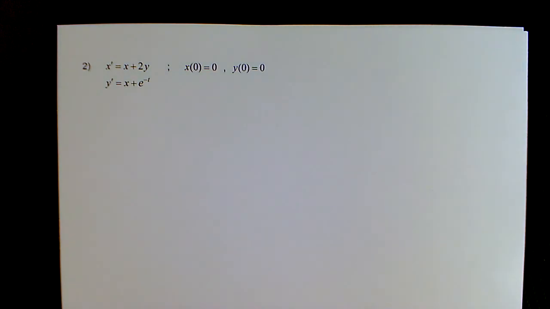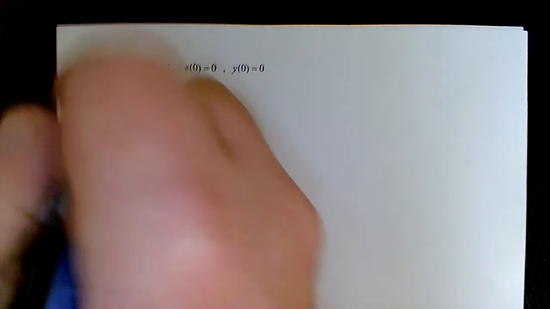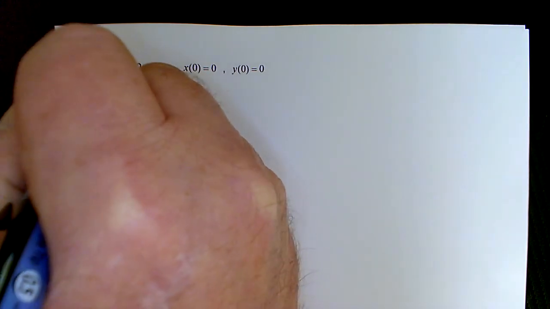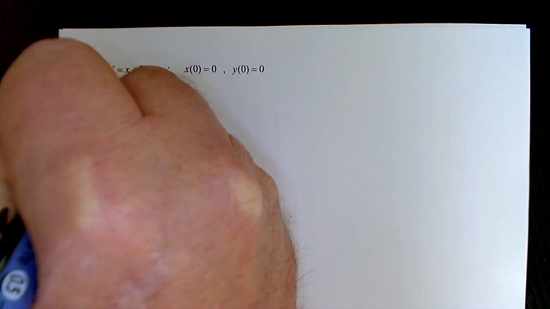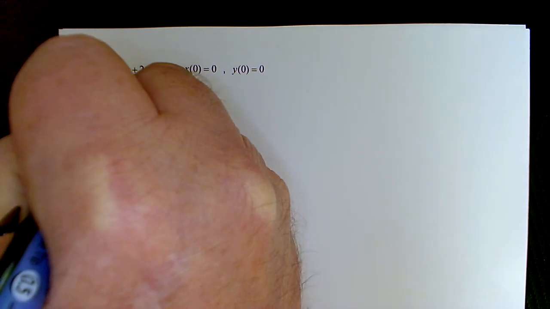Hello everyone, this is part 2 of solving a system of linear differential equations using Laplace transforms. So first move, take Laplace of both sides, use the linearity property, and convert the equations in terms of functional notation.